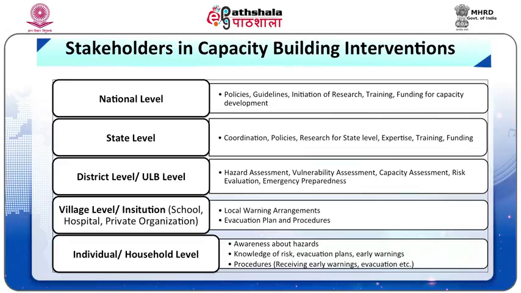The village level or local institution level stakeholders must be in a position to utilize the funding and mobilize the interventions into sustainable capacity developmental interventions for disaster risk assessment. At the individual level, attention is focused where the capacity building must bear fruit in heightened awareness of risks, risk mitigation mechanisms and emergency preparedness.